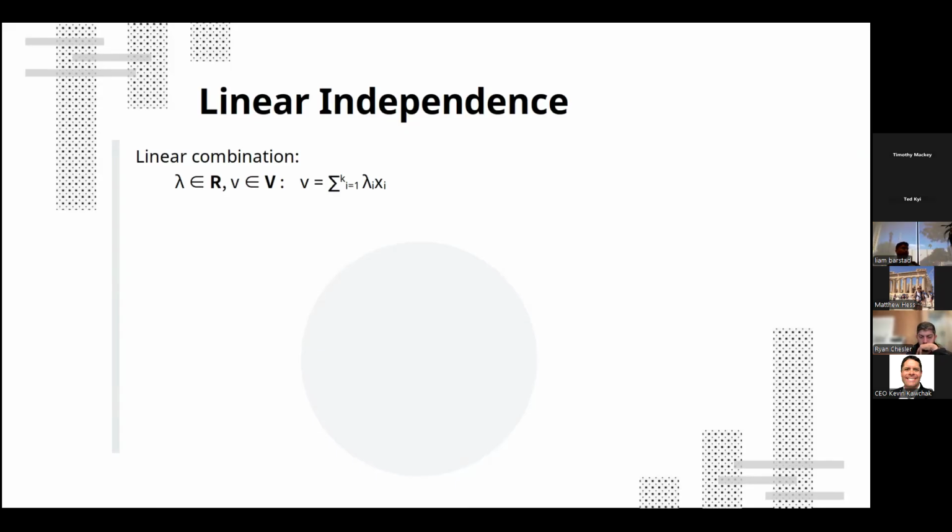So in essence, they can combine to be that third vector. And if they are linearly independent, then the only solution is the trivial solution, which is 0 when it comes to lambda. So you can imagine that they do not affect each other at all. You cannot add those two vectors up to get the third vector at all.